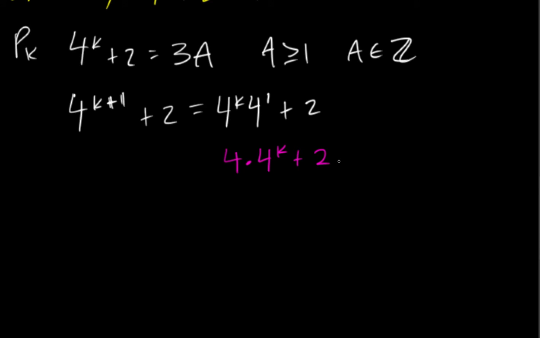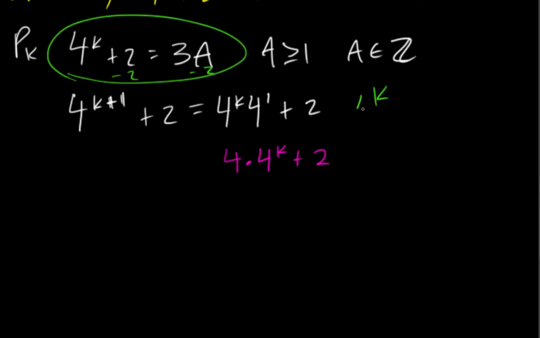And so 4 to the k plus 2 equals 3a, we can take this and solve it for 4 to the k. So I'm going to just subtract 2 from both sides, and so 4 to the k is equal to 3a minus 2.